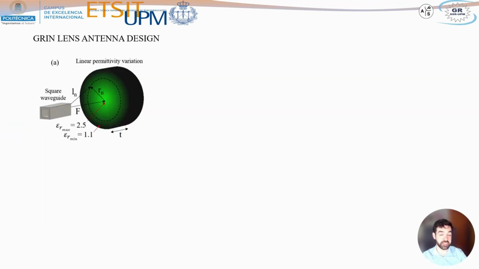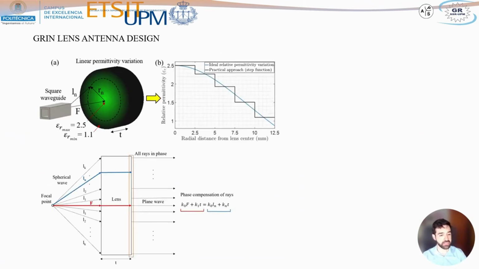So, as you may know, a gradient index lens has a relative permittivity that decays from its center to its edges. This is so the lens can compensate for the different paths of the rays in order to achieve plane wave emission. We would have the relative permittivity profile shown in the blue curve. However, in order to approach a practical solution, we need to approximate this blue curve with a step function.